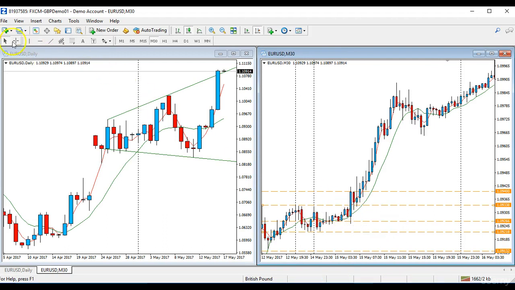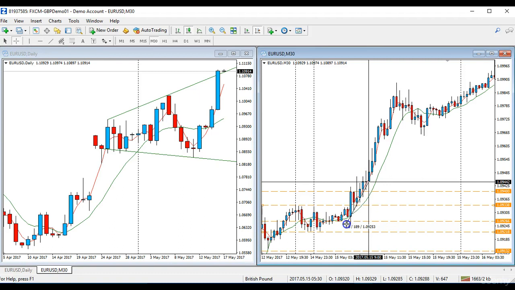We can see the middle number there, it says 187. It's actually 18.9. So the stop loss would be about 18.9 pips plus the spread which you pay on the euro dollar, which is probably about 1.5 to 2 pips. So that's a stop loss of about 20 pips.